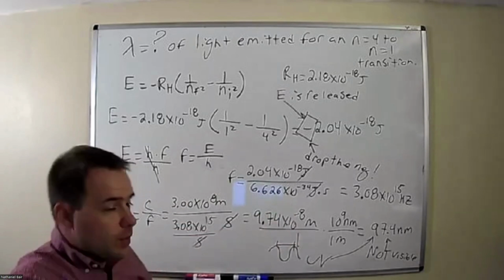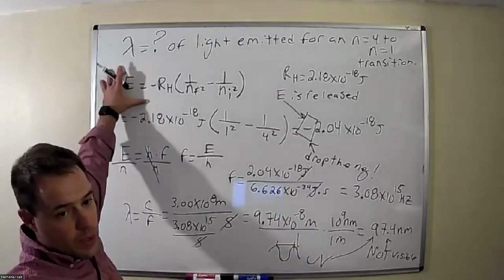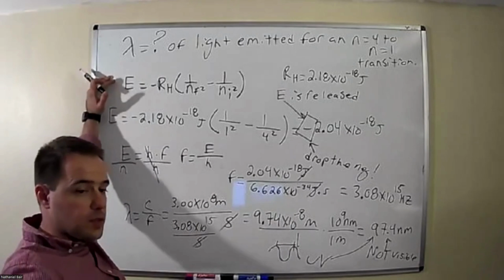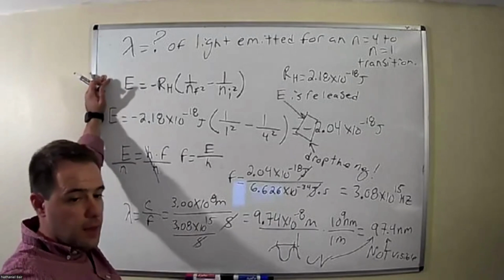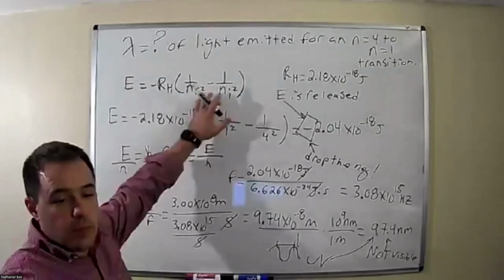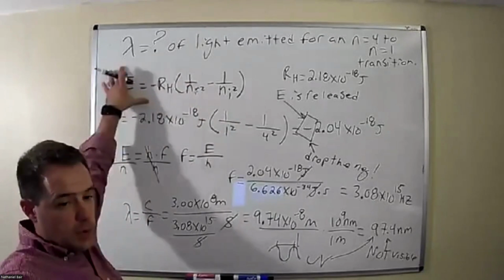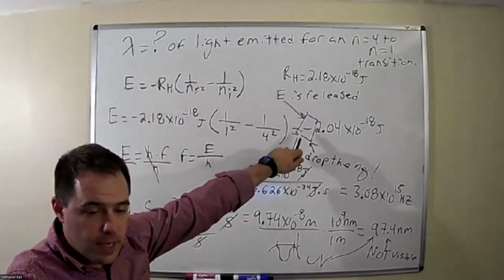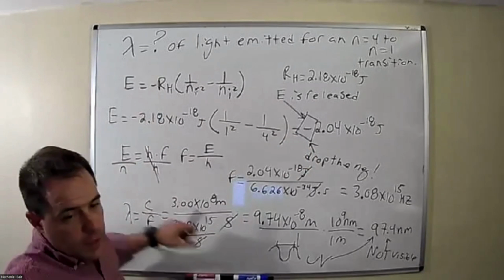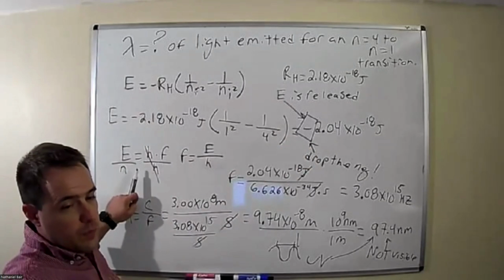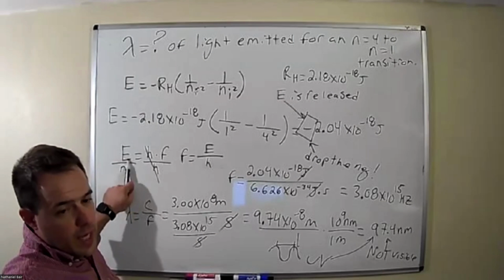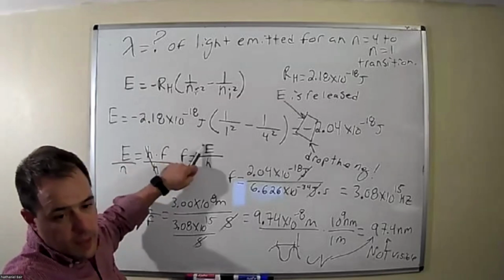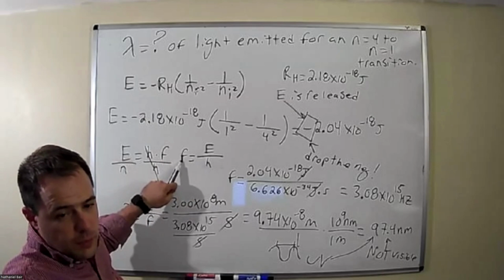Quick recap: what did we do? We started with this equation. This equation allows us to get the energy of a photon for an electron that's transitioning between energy levels in a hydrogen atom. Then once we got that energy, even if it's negative, we make it positive. We use Einstein's equation from the photoelectric effect to turn that energy into a frequency: take the energy divided by Planck's constant, and that gets you a frequency.